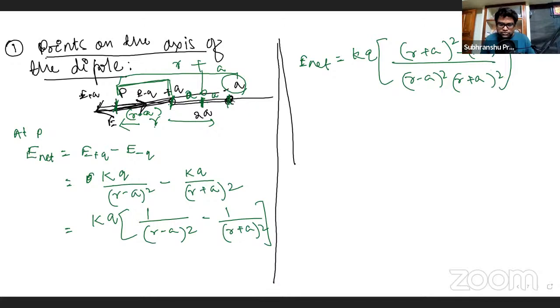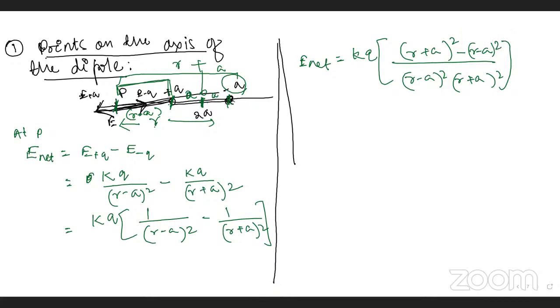Now if we want to simplify it further, it will be KQ times (A plus B) whole square minus (A minus B) whole square, over (A plus B) whole square multiplied by (A minus B) whole square.